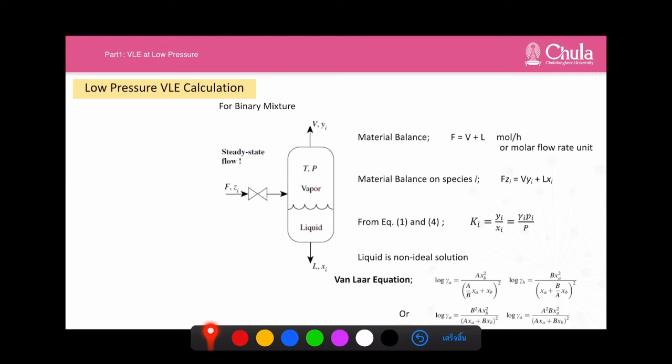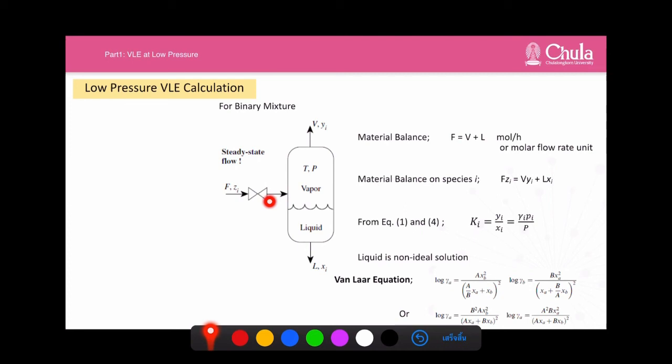Well, for a binary mixture, if we feed a mixture to the system, let's say a flash tank, single stage vapor liquid equilibrium, and we let it flash, okay, into a vapor phase and a liquid phase, we can model this system using material balance.